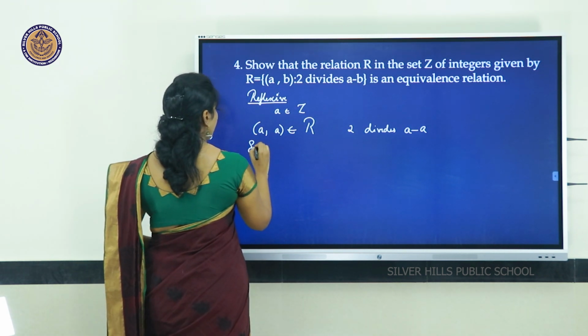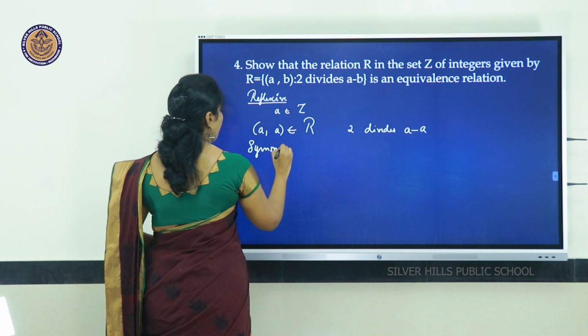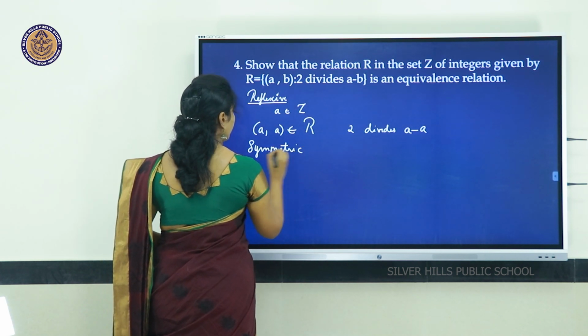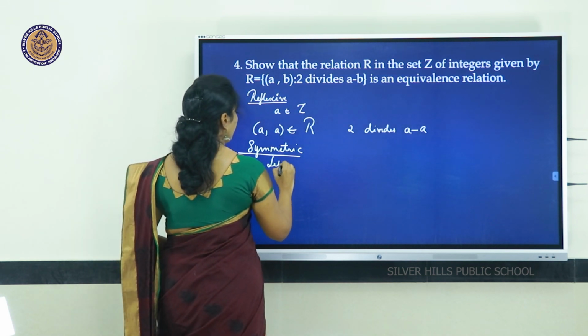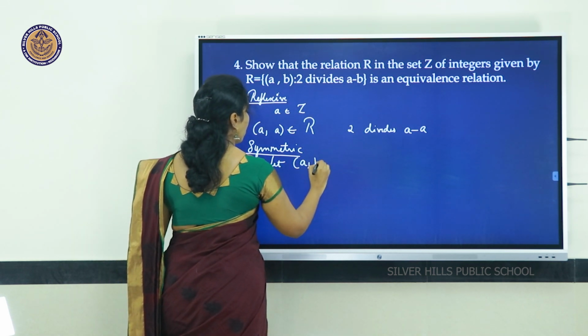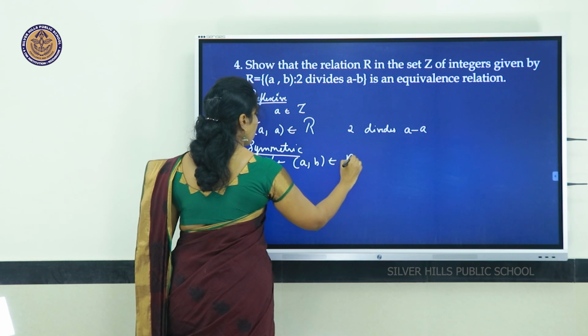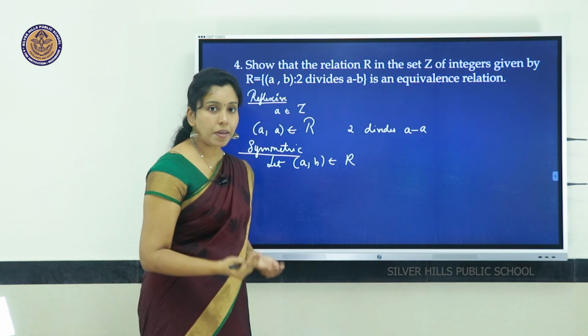Second one, symmetric. How do we start? Let (a, b) belong to the relation. Once a pair is selected, we write the meaning of this.